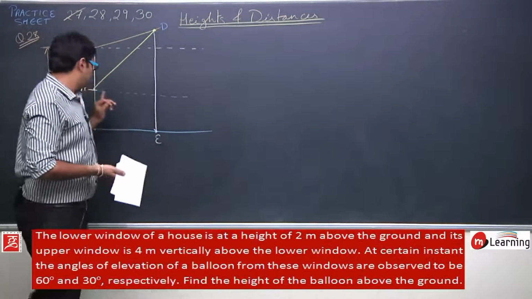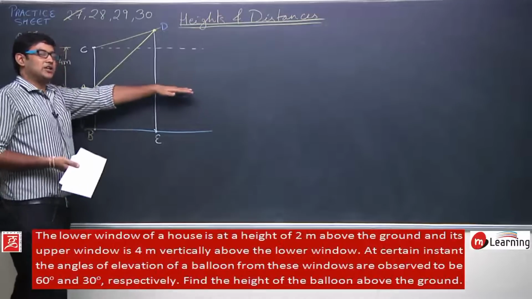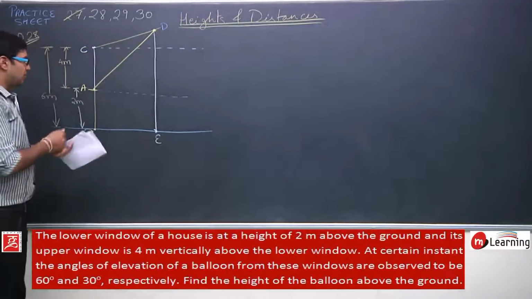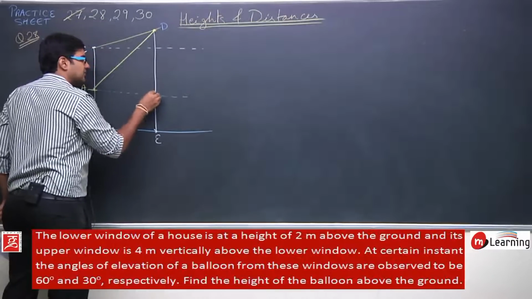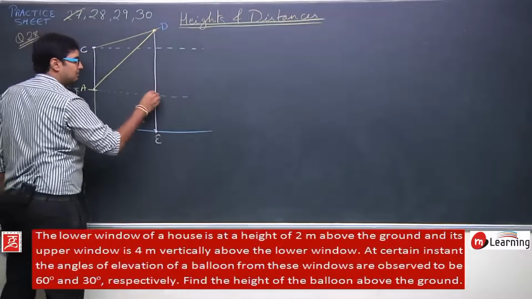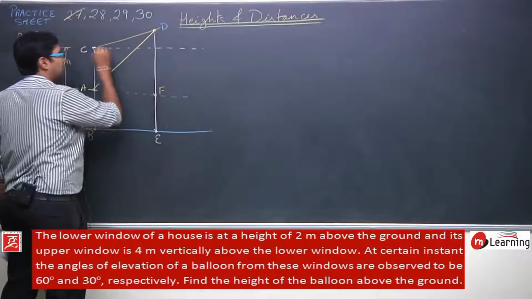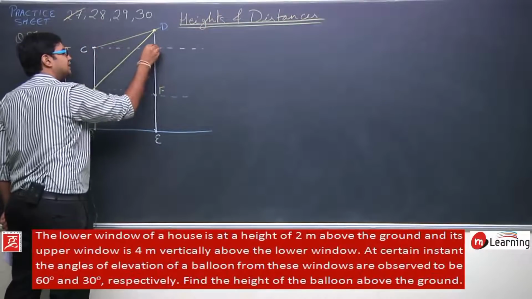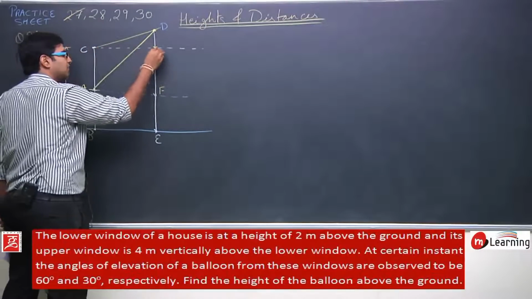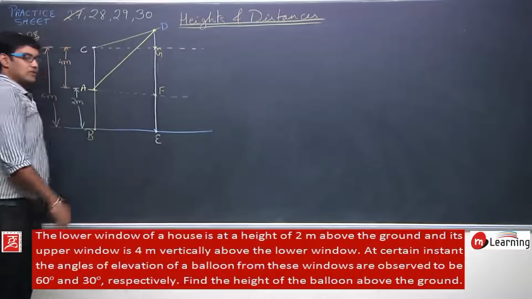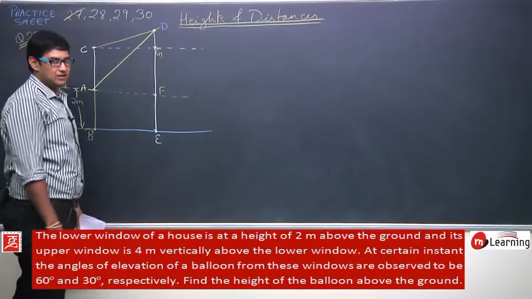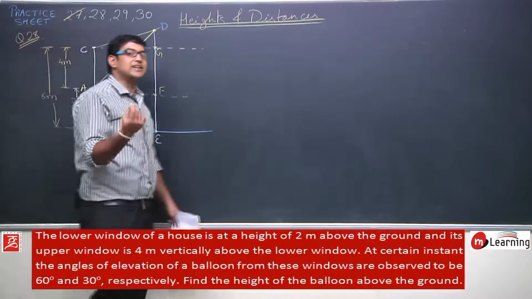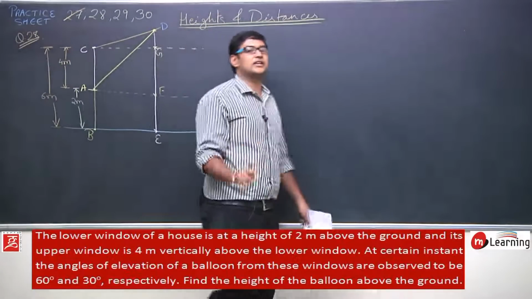That's why for this point A, this is the horizontal line. Now let us say this horizontal line intersects DE at some point F, and the line drawn from C intersects DE at some point G. Now what are the angles of elevation given? The two angles of elevation are given as 60 degrees and 30 degrees.